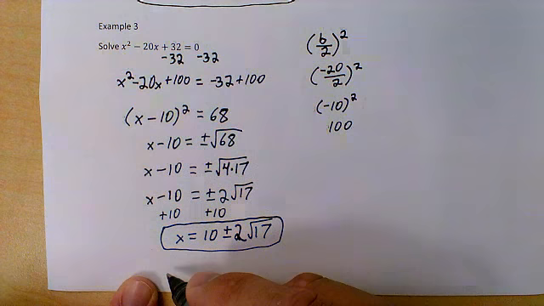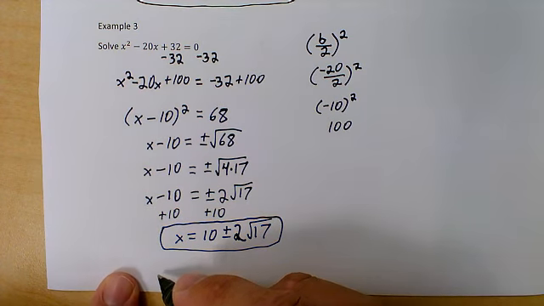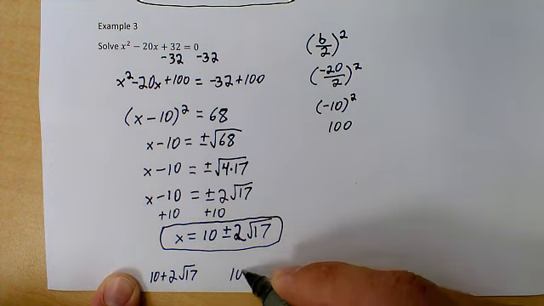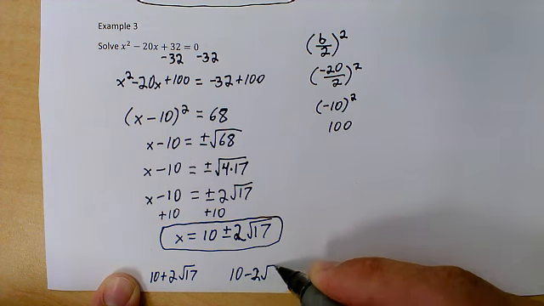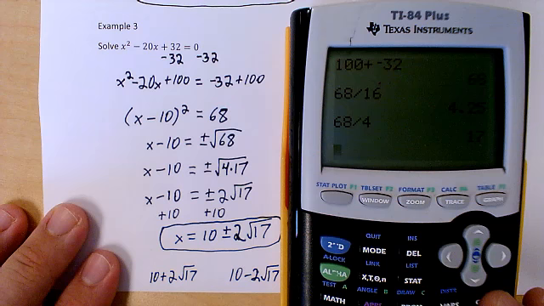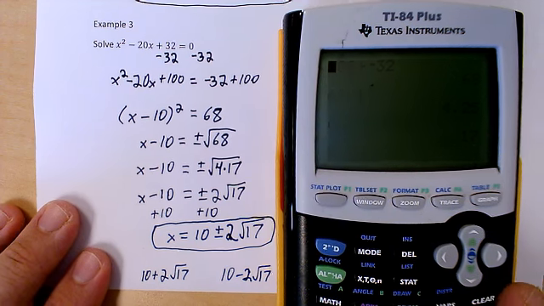You could write this out separately if you want to. You don't have to write this down. But your two answers would be 10 plus 2 root 17 and 10 minus 2 root 17. Now that's actually equal to the approximate answers that we saw on the Desmos calculator. Just one last thing I wanted to show there.